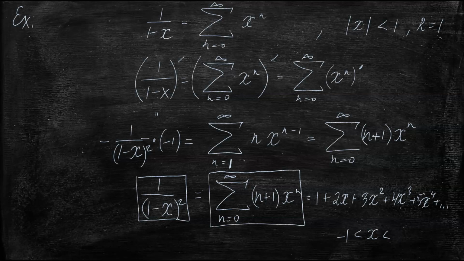So instead of checking the boundaries, we're just going to say that the center of convergence is 0 and the radius of convergence is 1. And that more or less describes the interval of convergence without getting into those details about what's going on at the boundaries. And well, this is an example of a term-by-term differentiation.